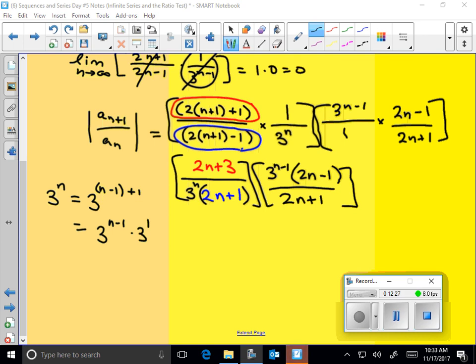Because what do I do with these two things? I add them, right? That's just 3 to the n, right? If I add n minus 1 plus 1, I get n. So this is technically 3 to the n, and I see a 3 to the n minus 1. So that'll cancel this and cancel the n and just make it a 3.